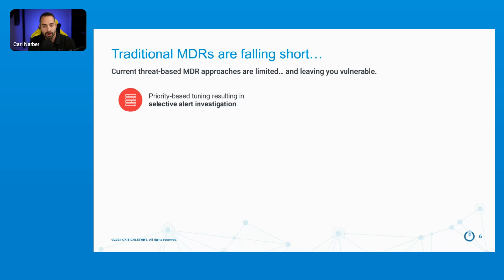The one I hear the most about is those lows and mediums, where a lot of MDRs are just not looking at those, and the customer base as well. There's not enough time to look at all of those lows, right? They only want to make sure they look at the highs. From the MDR perspective, you need to look at all of them. No alert should go unnoticed or unchecked.